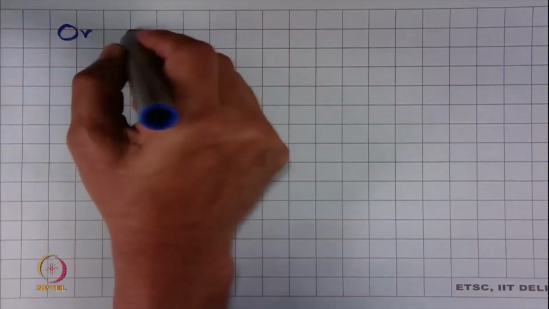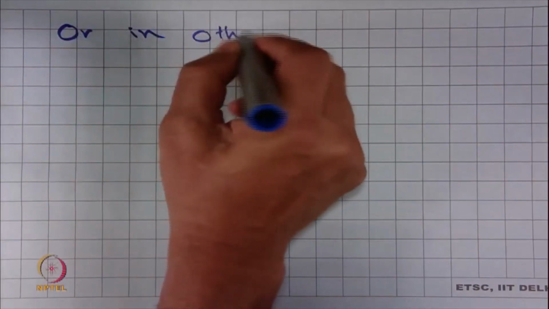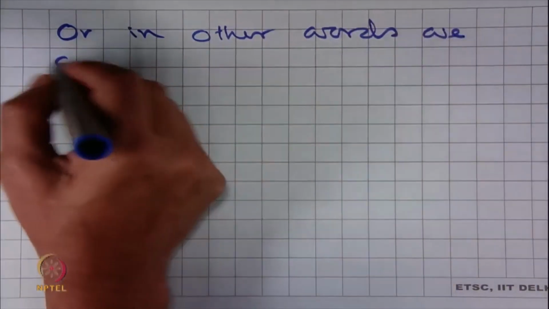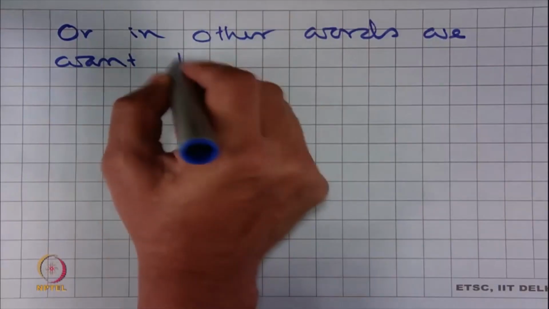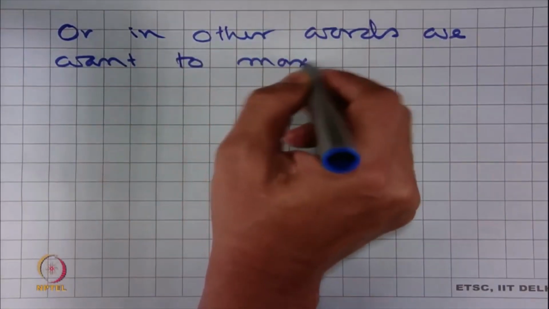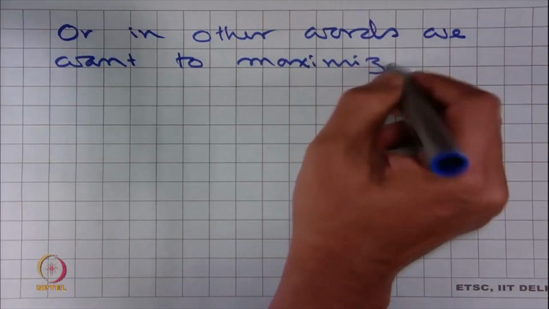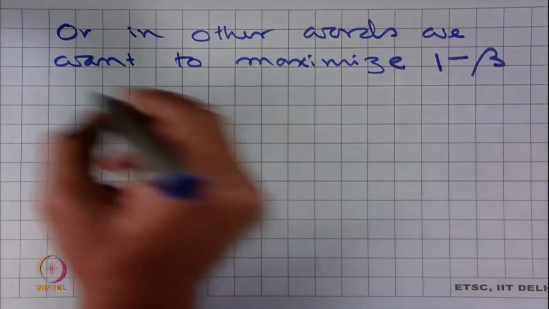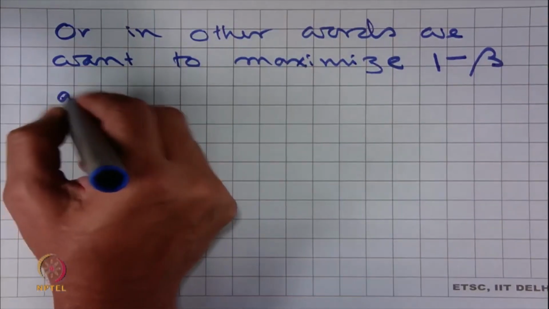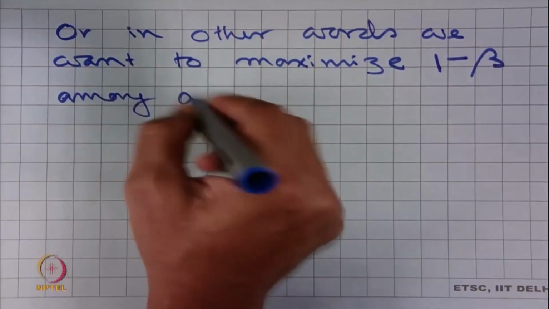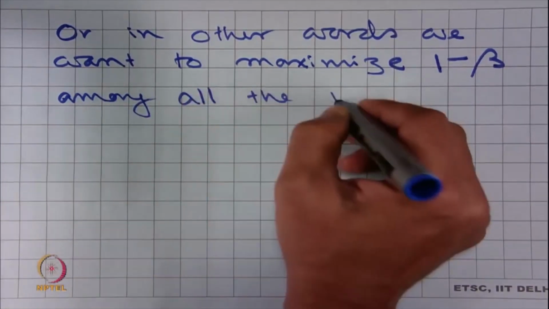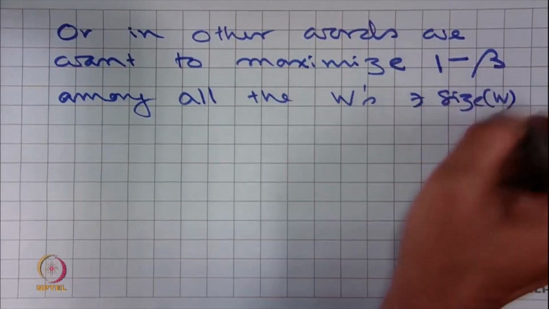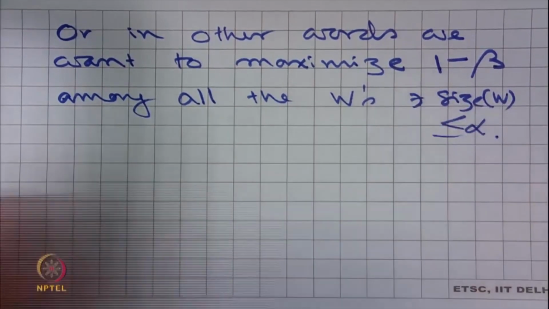Or in other words, we want to maximize one minus beta among all the W's such that size of W is less than or equal to alpha.